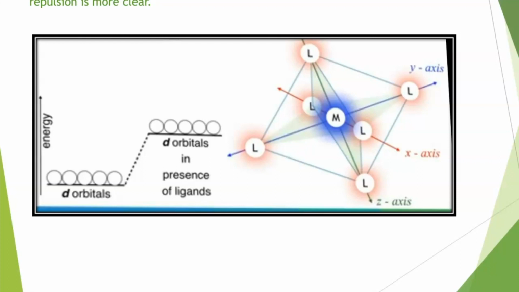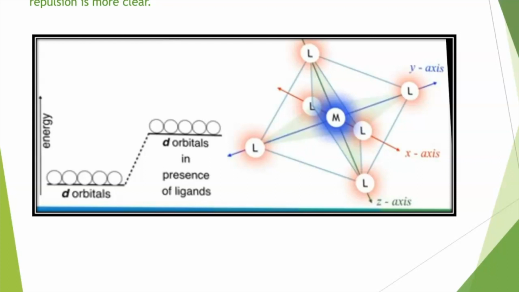Since the lobes of the two Eg orbitals, dx square minus y square and dz square, point directly at the path of the approaching ligand, the electrons in these orbitals experience greater repulsion from the ligands than those in the three T2g orbitals. The T2g orbitals, dxy, dxz and dyz, have lobes directed in space in between the path of the approaching ligand.